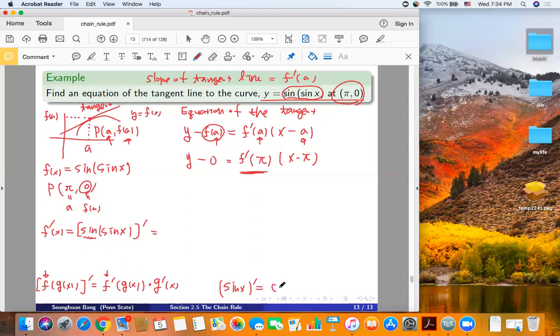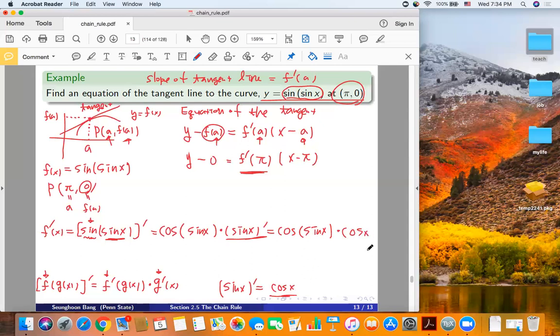Yes, cosine of x. So the outer function's derivative is cosine of the inner function sine x, times the inner derivative, sine x prime. So cosine of sine of x times cosine of x.